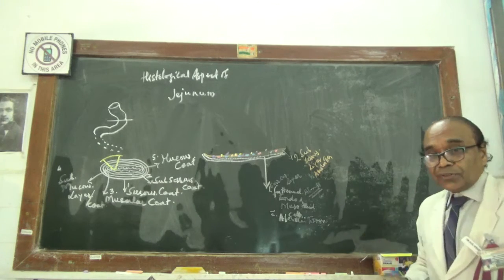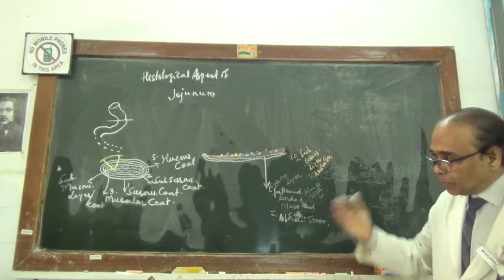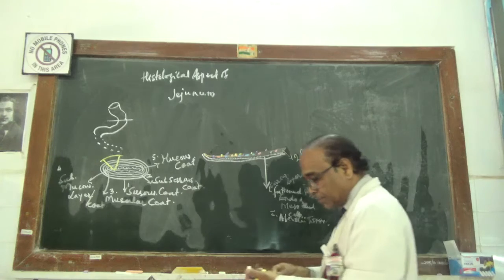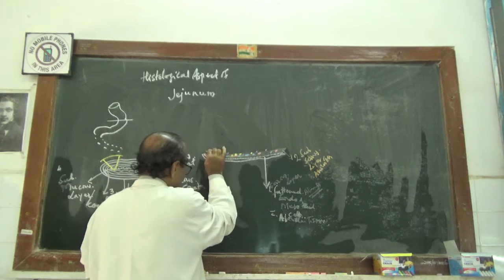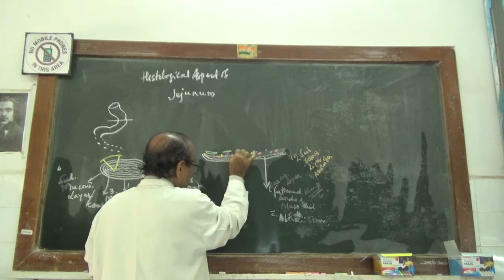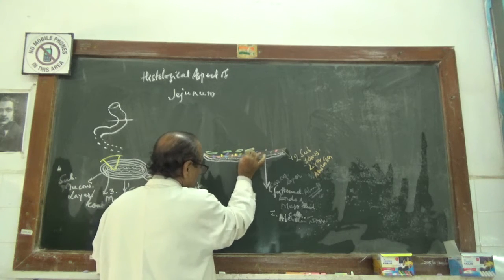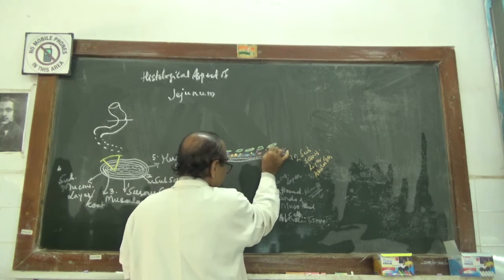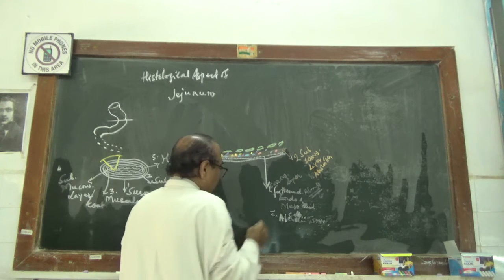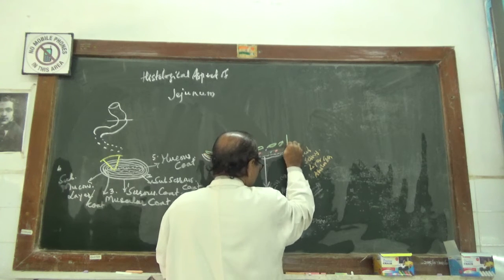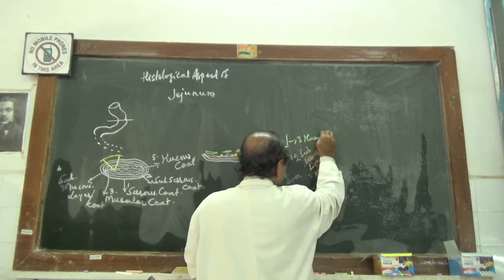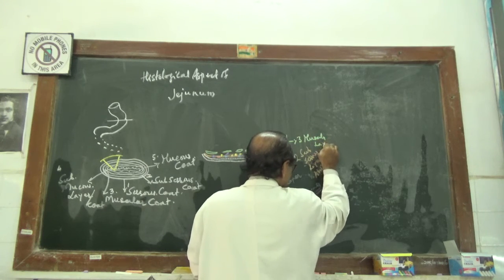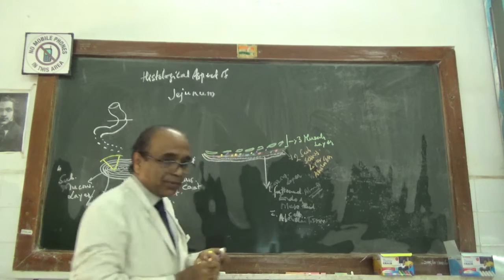Then after this, from outside, you will see the third layer. The third layer is called the muscular layer. You will get it divided into two.